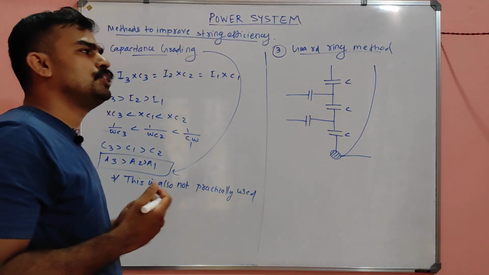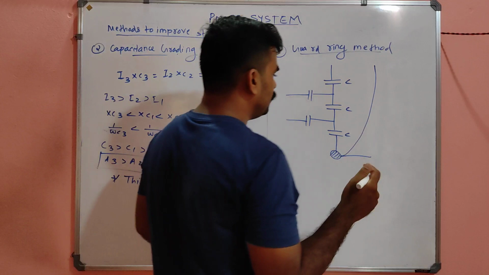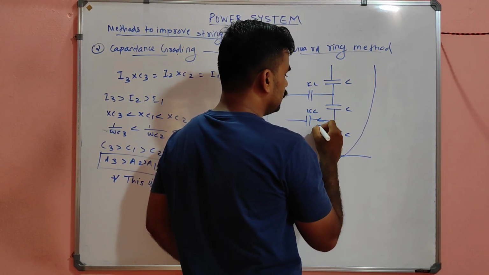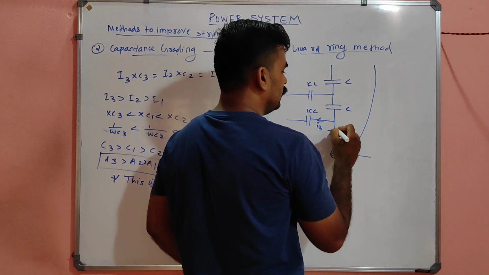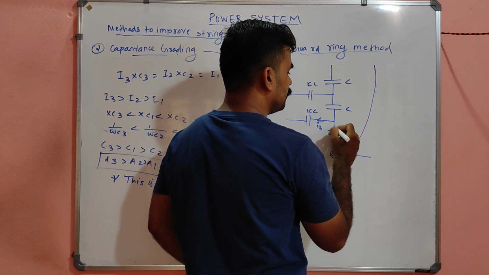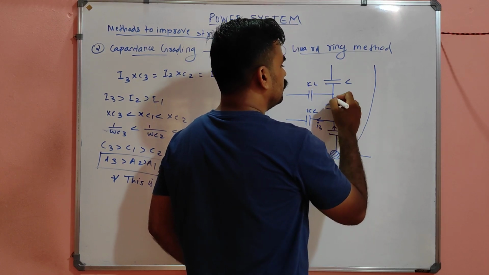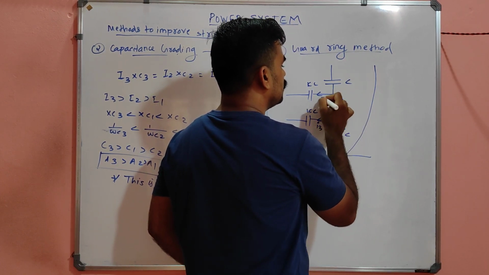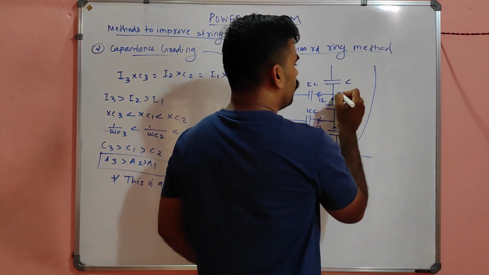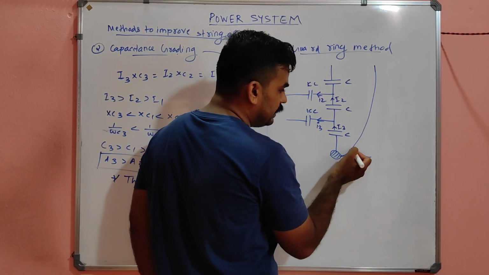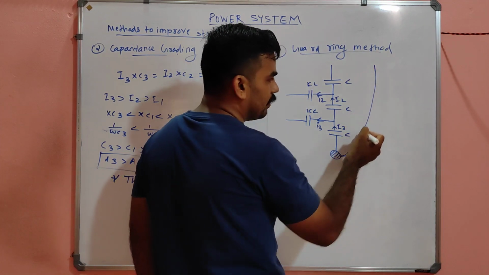And what is the function of this guarding, my dear? This is carrying a current I3, and this is I2 and carries a current I2. This is directly connected to a conductor, so that these all contain high currents.